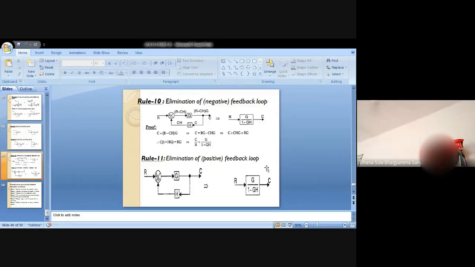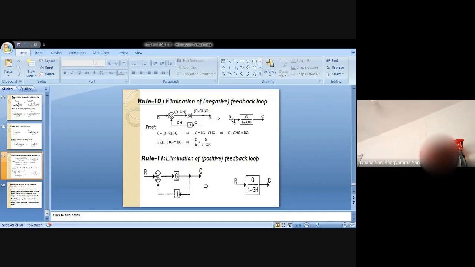So if you go for rule number 11, elimination of a feedback loop, in a positive feedback loop the plus is there. Same terms, except here R plus CH will be there in this case.